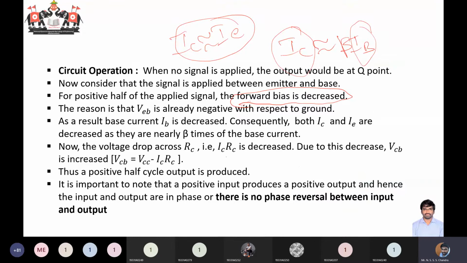Your voltage drop across RC is nothing but ICRC. Because your IC has been reduced, IC times RC will also be reduced. Because of this reduction, your VCB value is increased. Why is your VCB value increased?